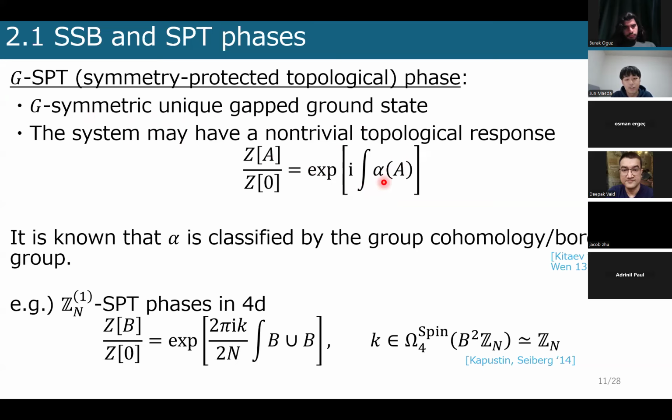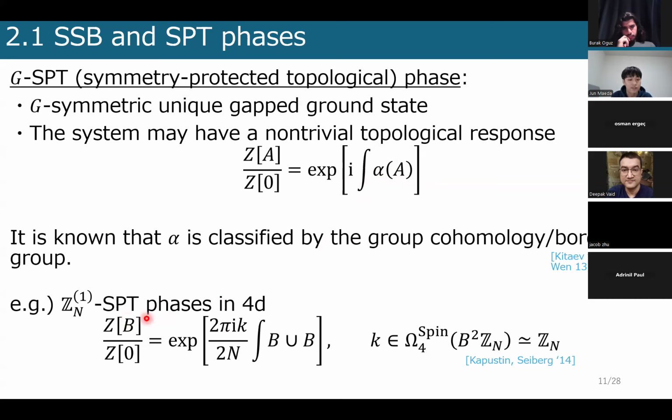And actually, the form of alpha is constrained by locality and flatness of A. And it is known that alpha is classified by some group cohomology, or bordism group in mathematical language. But this is somewhat abstract, so I will give an example.